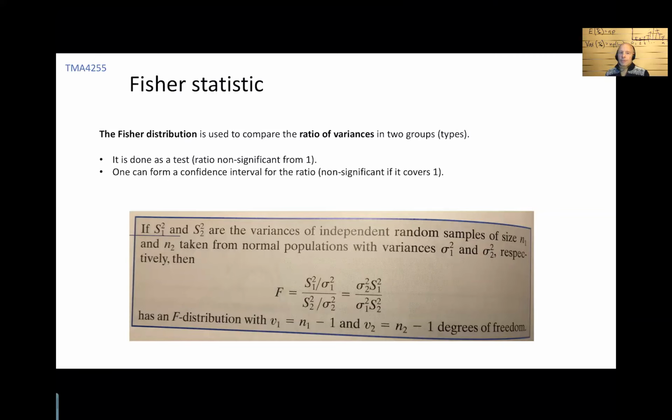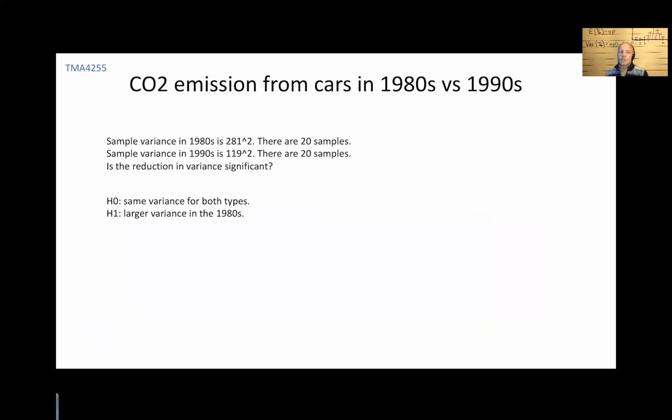Let's have an example of this as well to clarify a bit how it's used in applications. These are CO2 emissions from cars in the 80s and 90s. It's way back before they started talking too much about climate problems, but they still knew that CO2 was not necessarily good for several reasons.